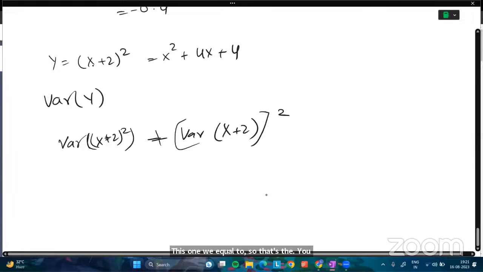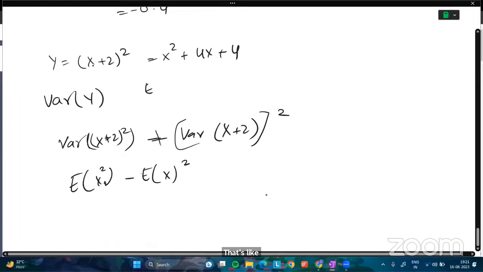I think you can use this formula instead. So here it would be the expected value of (x plus 2) the whole square minus the square of the expected value of x plus 2. Sorry, this would be 4.